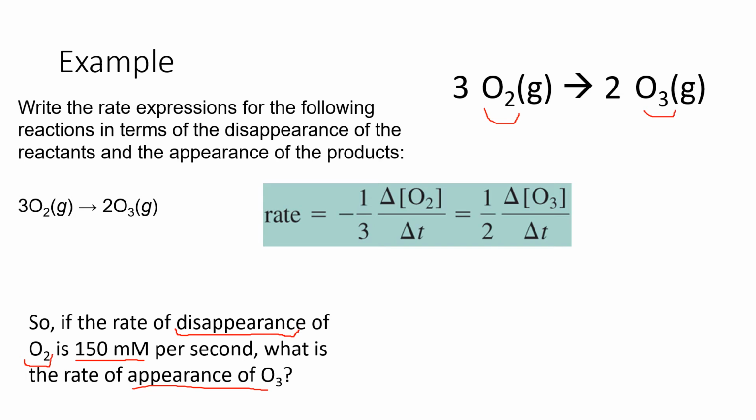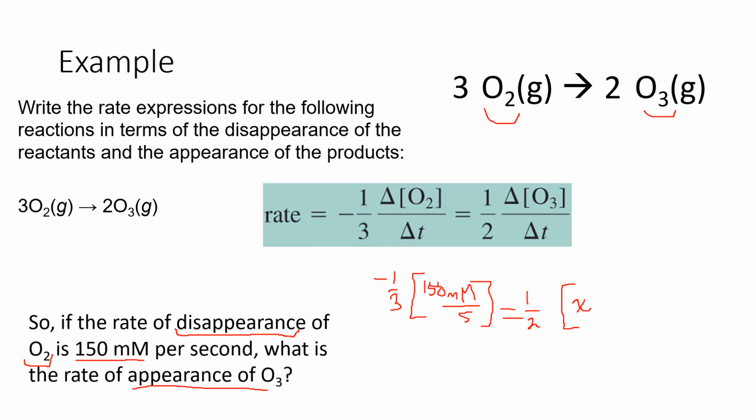Well, okay, so we know from this that -1/3, right, times, so we have 150 millimolar per second, right, is equal to 1/2 of X here, our ozone.